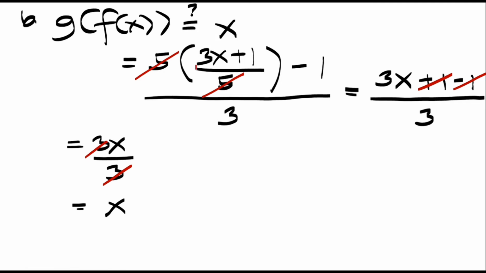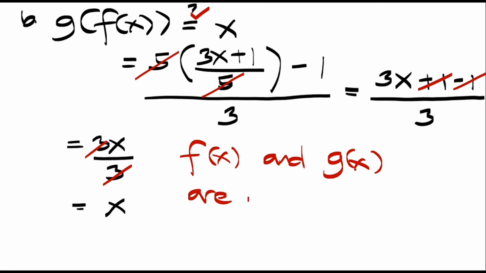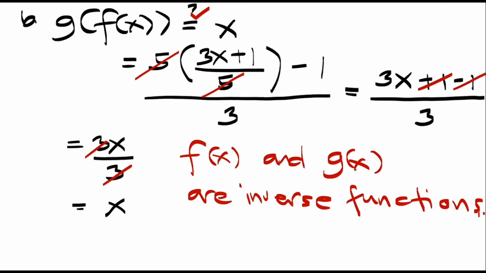So here we have verified that g of f of x is equal to x. So we can conclude that f of x and g of x are inverse functions. Again, the two conditions for the composition rule must be equal to x for us to say that the functions are inverse functions.